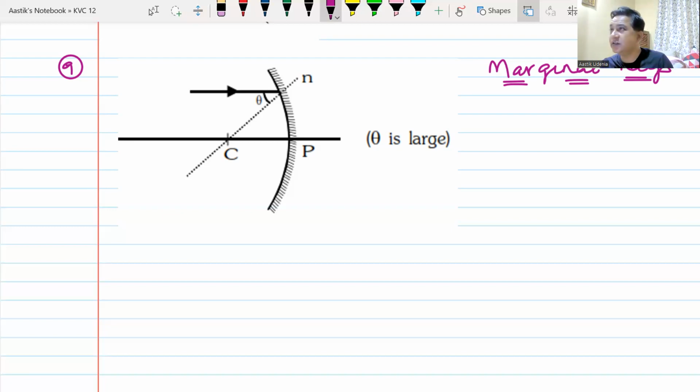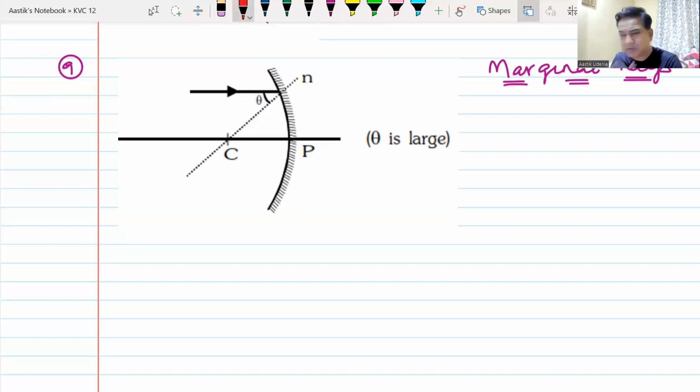And I have seen a question in JEE Advanced on this, and everyone thought that they are parallaxial rays, and everyone made a mistake. Marginal rays are incident rays which have a large angle of incidence. Do we understand this? Yes, sir. Understood. Well done.